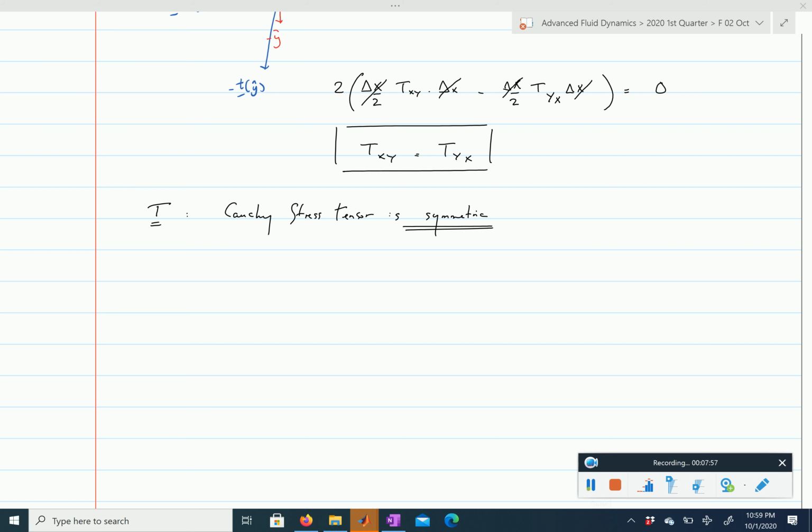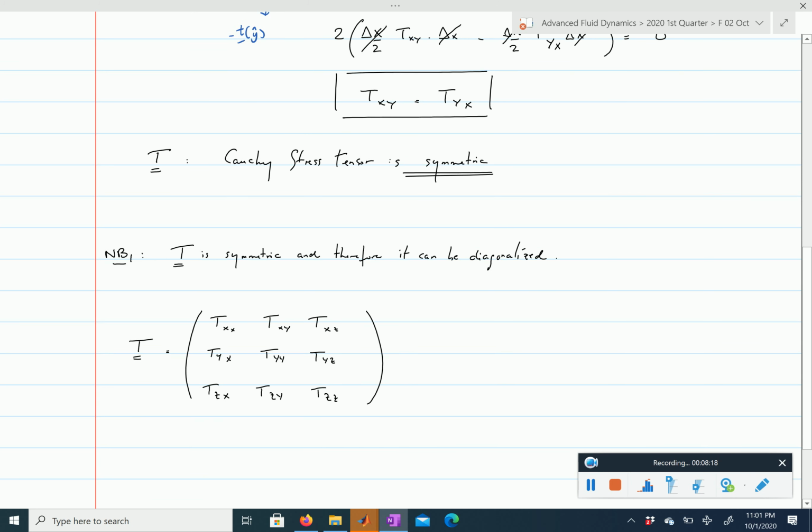Now, first remark: you may recall from your linear algebra that a symmetric matrix can always be diagonalized in an orthonormal base. So T is symmetric and therefore it can be made diagonal.